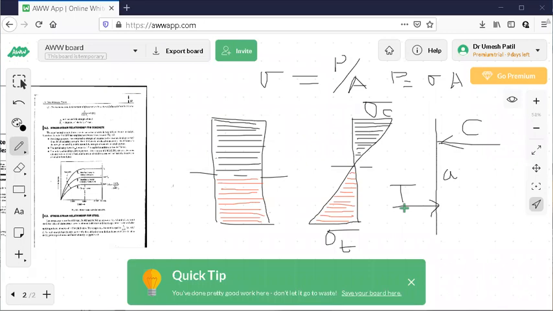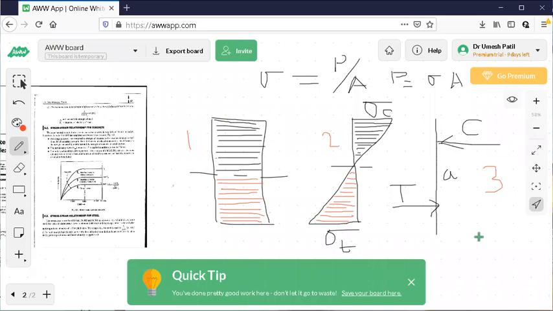Moment of resistance is nothing but a couple formed by the beam. You can see diagram 3. This is 1, this is 2, this is 3. 1 is the cross section, 2 is the stress profile or the stress diagram, and 3 is how this stress profile is converted into the couple C and T. C and T are equal, that is why we call it a couple.